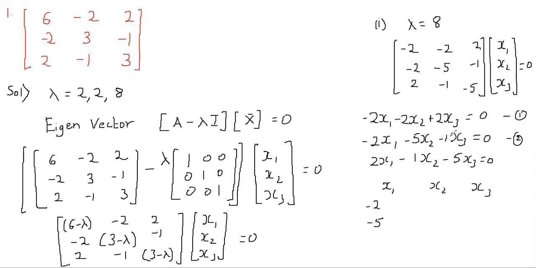Then we go for this, that is 2 minus 1. Then minus 2 minus 2. Again we end where we started, so that is minus 2 minus 5.